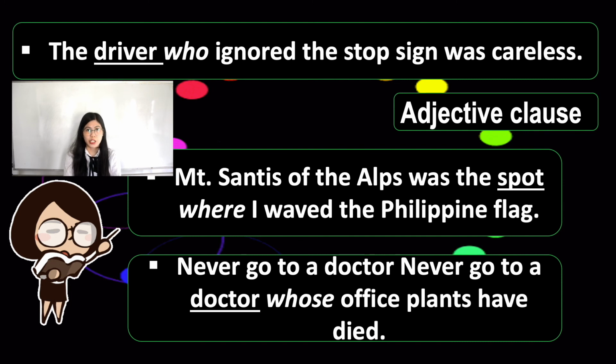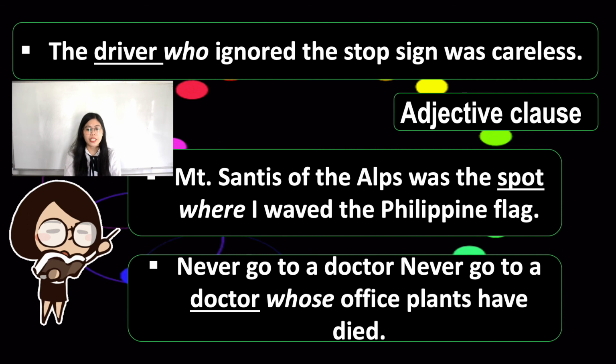Mount Santis of the Alps was the spot where I waved the Philippine flag. So to identify the adjective clause here, you have to locate first the relative pronoun, because an adjective clause usually starts with a relative pronoun. So what is our relative pronoun here?